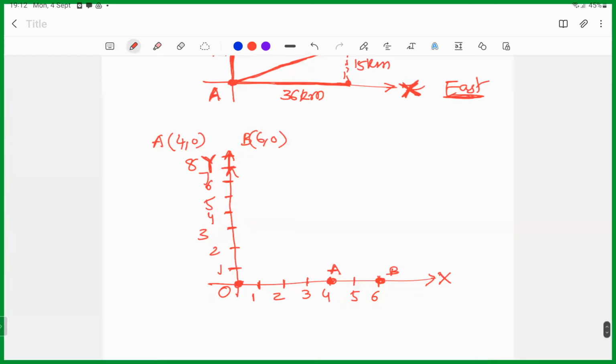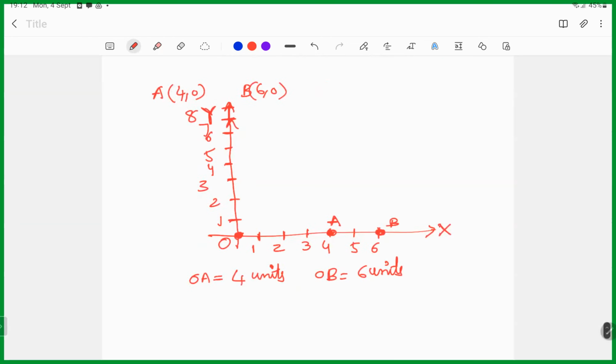How much is the distance OA? OA equal to 4 units. OB will be 6 units. Then AB will be, AB means the distance between A and B, right?